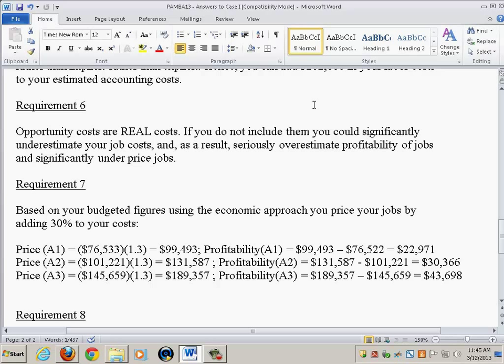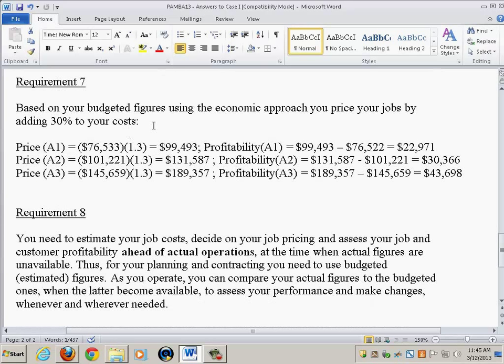Okay. What we have here is just, well, you said that you want to price because your customers ask you how much you would charge, and you decided it's reasonable to add 30% to your costs, and then self-explanatory.